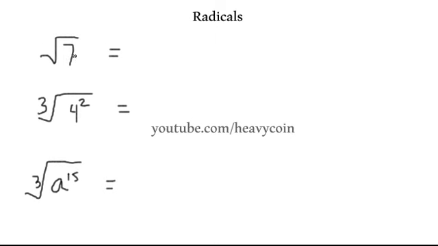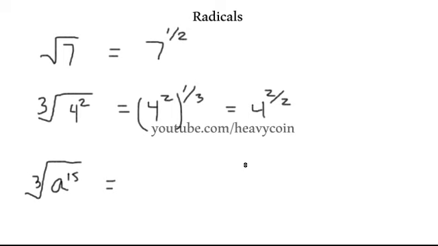Alright, so this one here is going to be 7 raised to the half. This is 4 squared raised to the 1/3, which is going to end up being 4 to the 2/3. That's a 3 there.